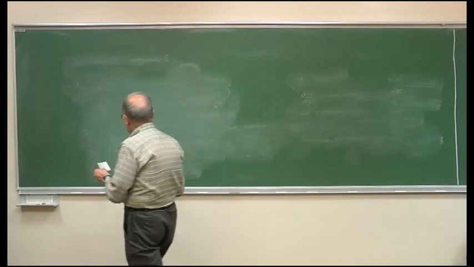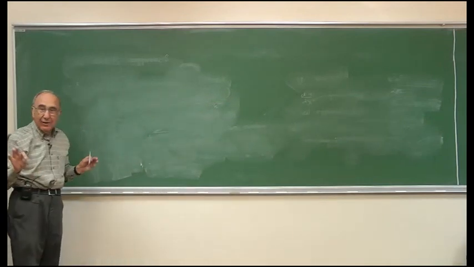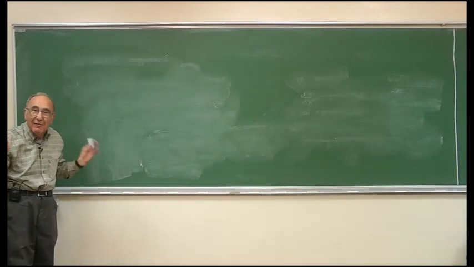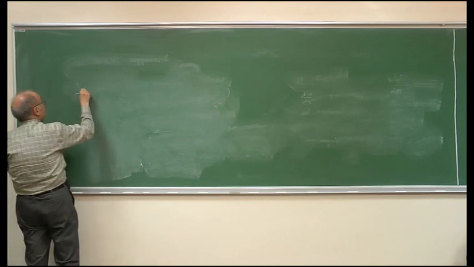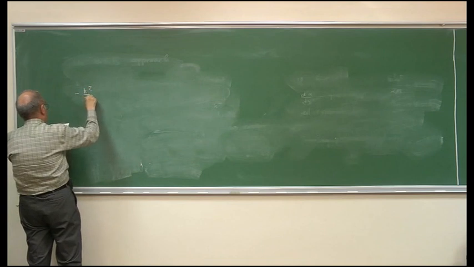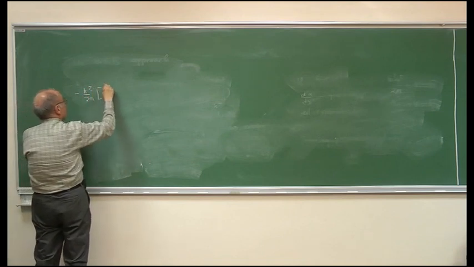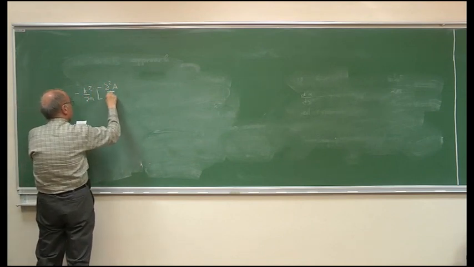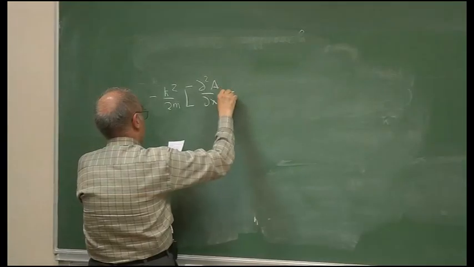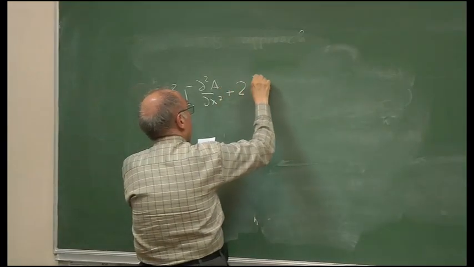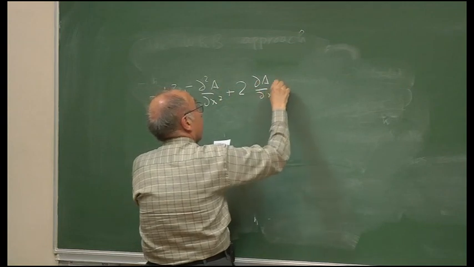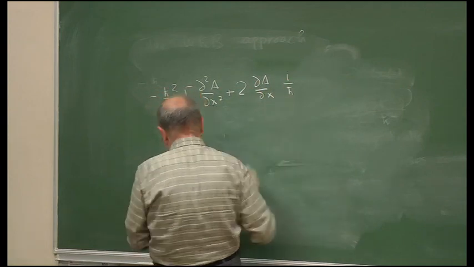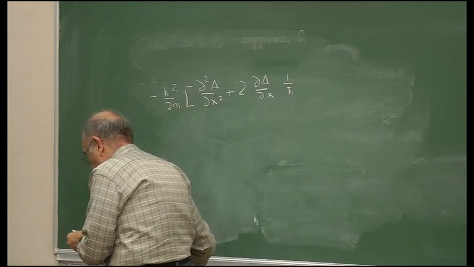Of course, e to the iS over h-bar will appear in every term in that equation, and it will cancel, so it will be i over h-bar.